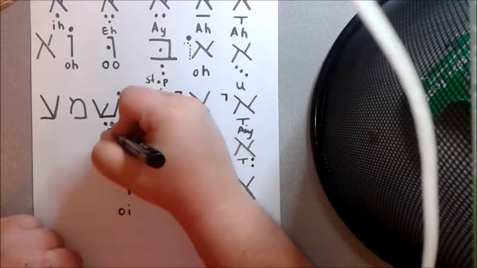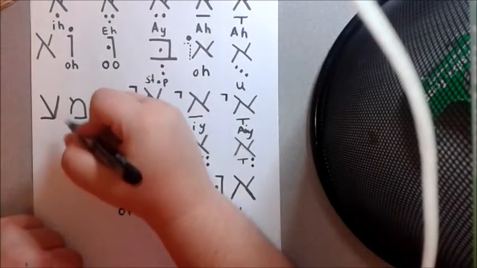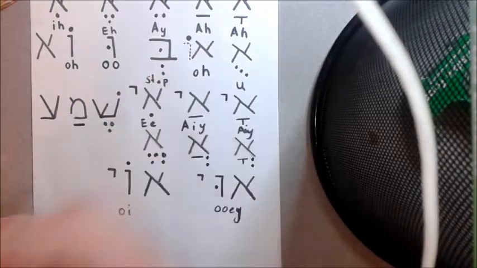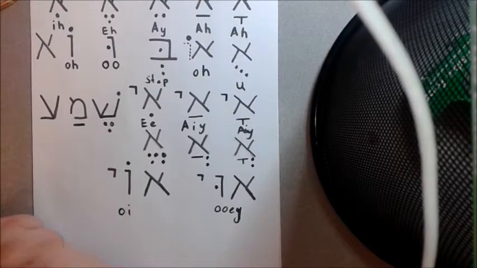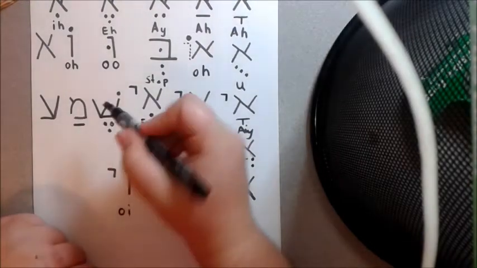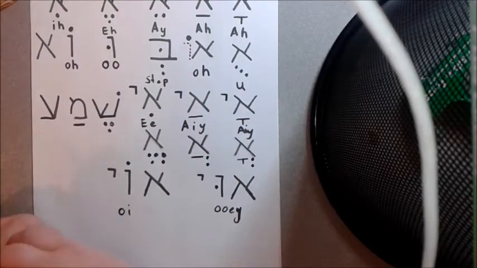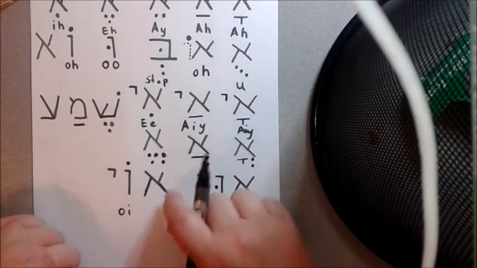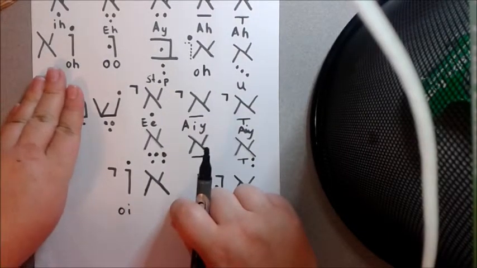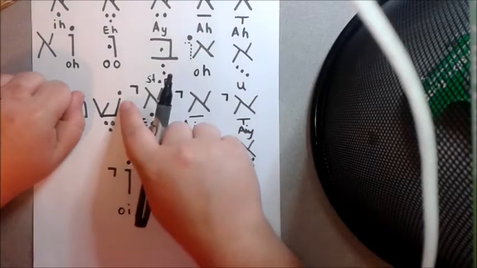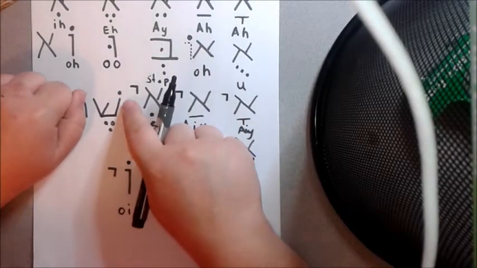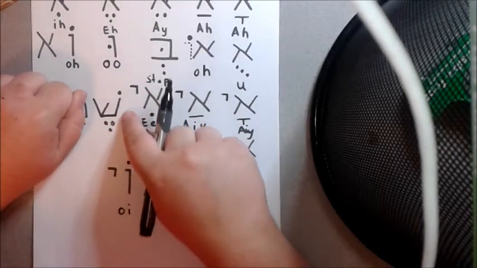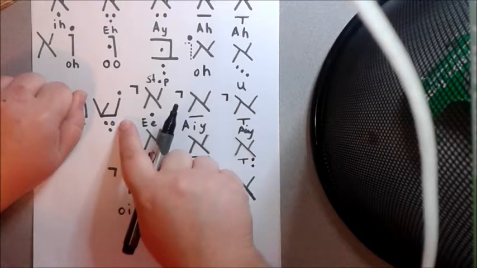So if I write this, okay, we have the shin, mem, and ayin, stand alone, just like this. You can almost think of it as syllables. We'll say she.